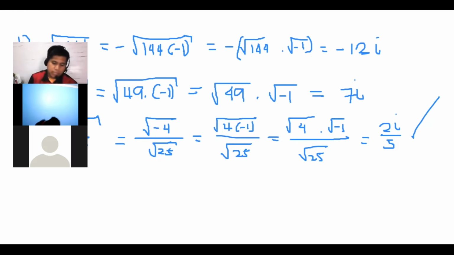None? Okay. So what if we have i raised to, let's say, 37? How are we going to solve for the value of i raised to 37? What are we going to do first, children? You can express this as i raised to 36 times i, because 36 plus 1 will give you 37.